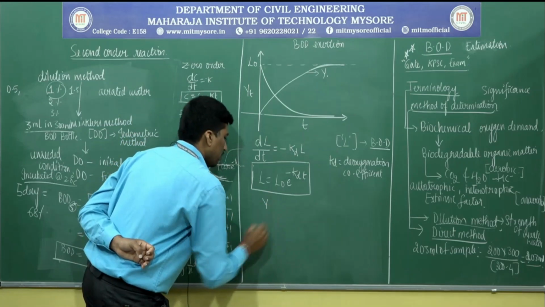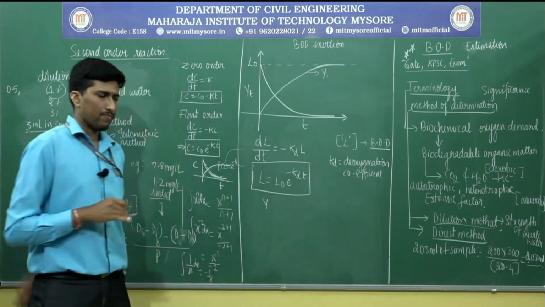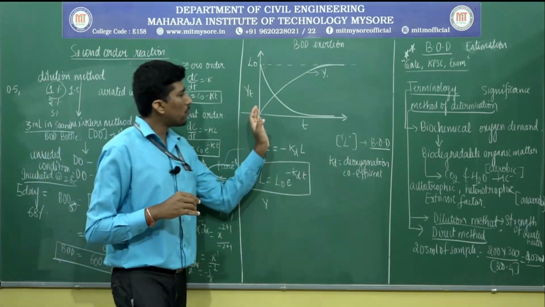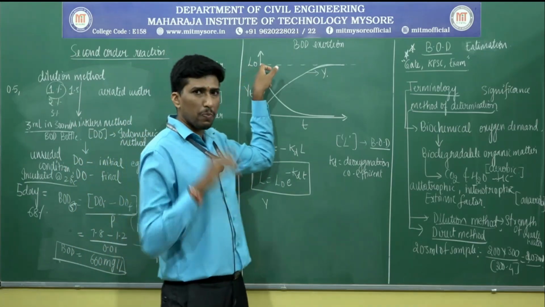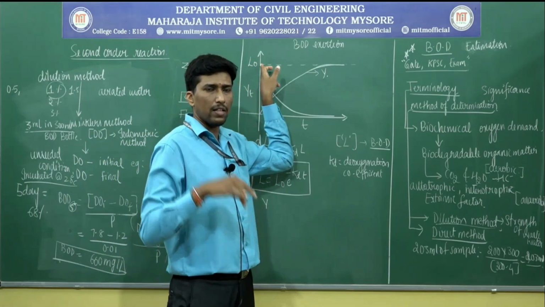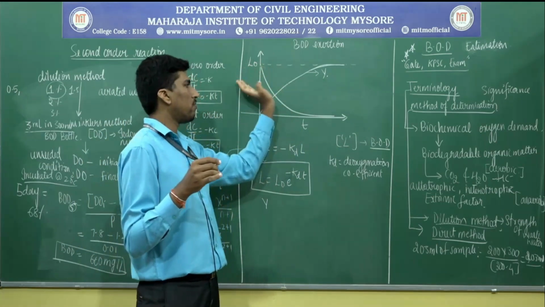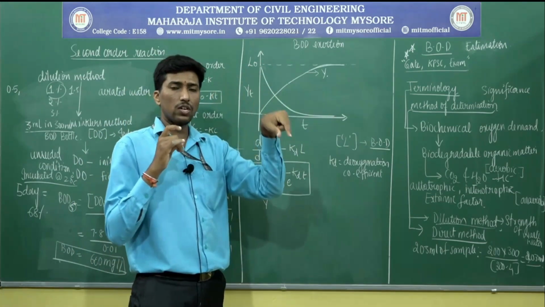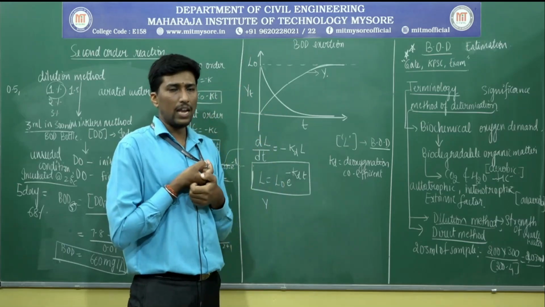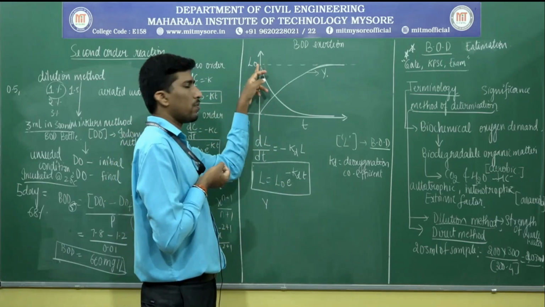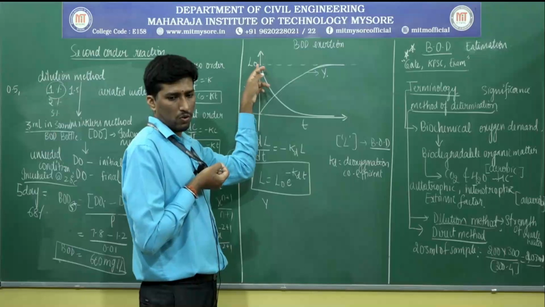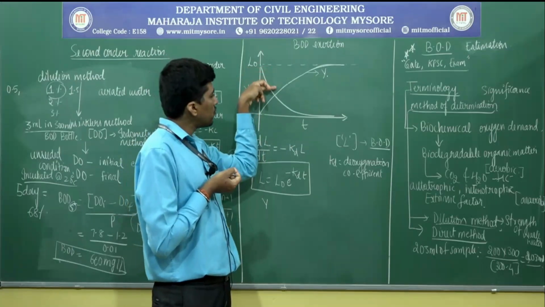Whatever the BOD that is remaining, I know how much organic matter was present earlier, maybe 600 mg or 660 mg, the initial BOD, the BOD after 5 days. What is the initial day's BOD? I don't know. I need to get to know what that initial BOD is. That's why I need to know how much it is. What happens?